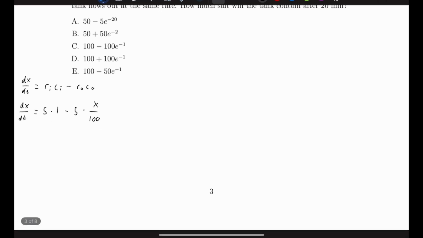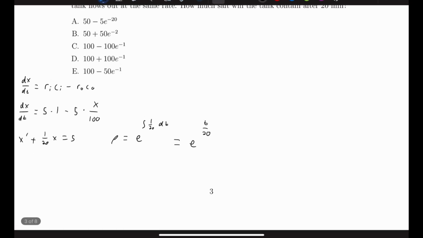We can now go ahead and rewrite this and see that this is actually just a linear differential equation. So if we write this as x prime plus 5 over 100, which is 1 over 20, x equals 5. That's a pretty straightforward linear differential equation. We can go ahead and find our integrating factor. It's going to be e to the integral of 1 over 20 dt, and that'll be e to the t over 20.